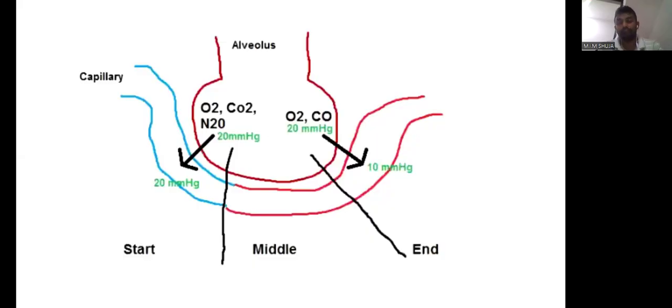So when the diffusion property is difficult, even though you have enough blood, even though you increase your blood supply, you won't exchange more gases. So that is diffusion limited. That is the basic difference between what is perfusion limited and what is diffusion limited.